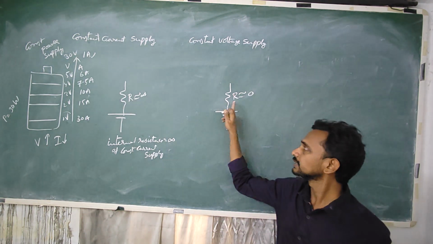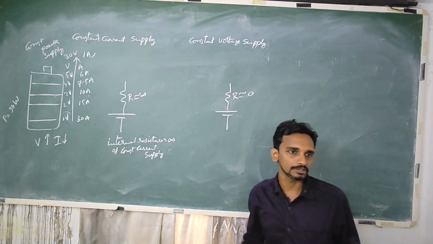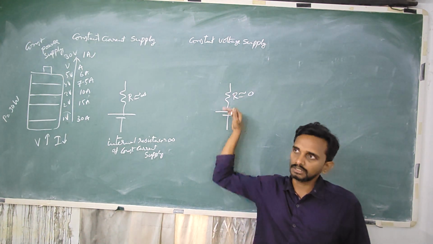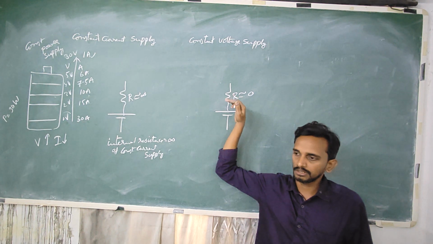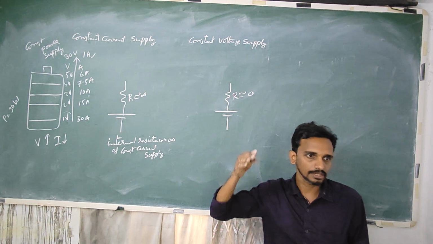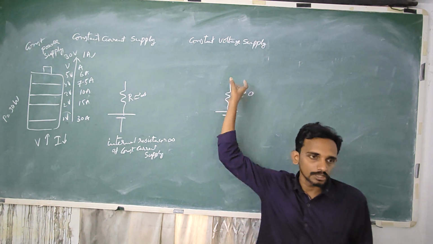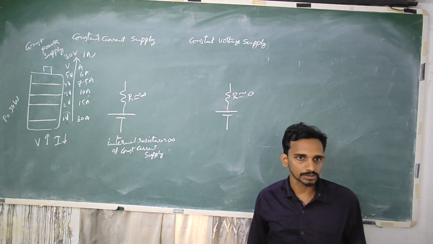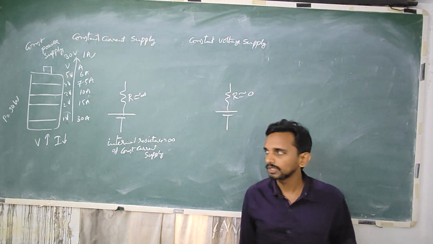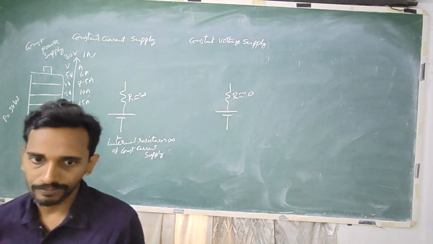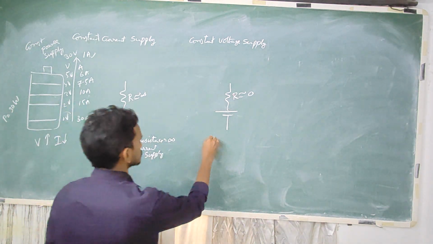So the resistance should be very minimal, nearly 0. Then what happens? The path can now tackle 1 electron, 10 electrons, 1000 electrons, however many electrons you are asking, it will be able to pass through. So that is a constant voltage supply. So the internal resistance is 0.